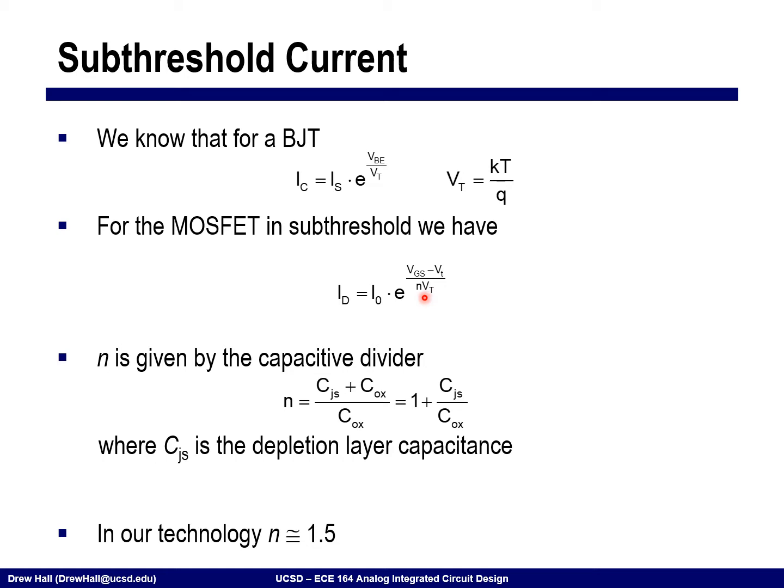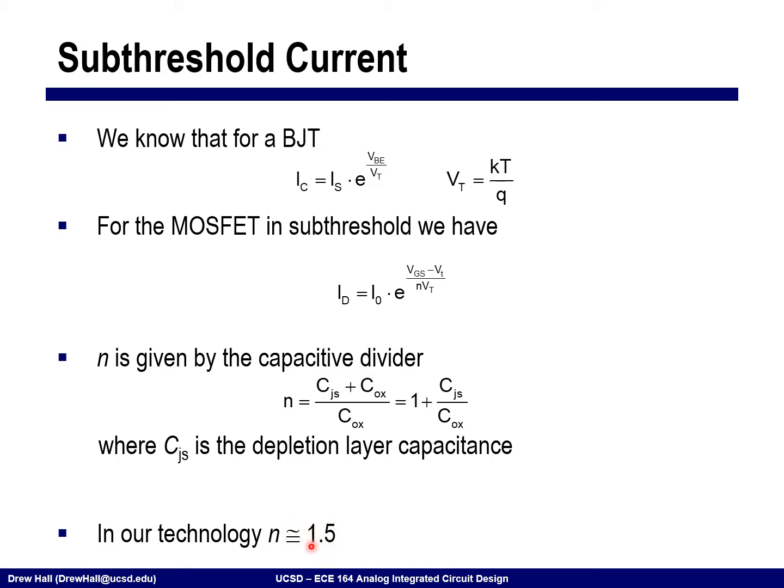Here, this N is really just a capacitive divider. It's a divider between the junction or depletion capacitance as well as the oxide capacitance. And in our technology, it's roughly about 1.5.